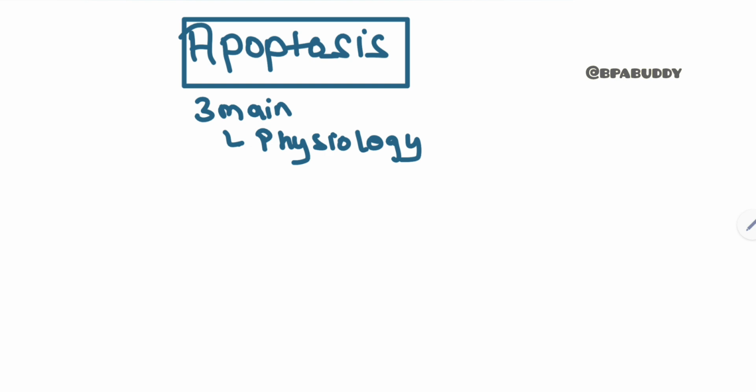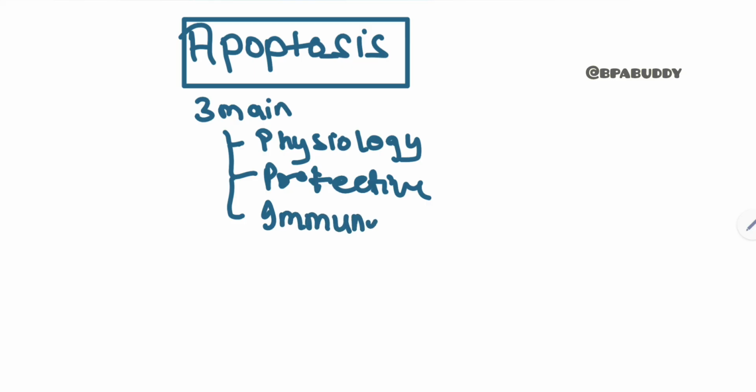Then second is the protective reason: if DNA is damaged, the cell destroys itself and this prevents cancer. And then we have immune functions to carry out. This is a main reason, I would say. It removes harmful or unnecessary cells.